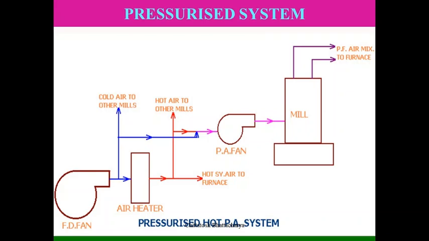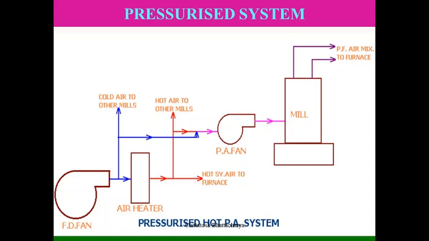Around 70% is used for secondary air purpose, going to the wind box, and around 30% mixes with the bypassed air of the air preheater, and this tempered air enters in hot condition to the PA fan inlet, and that is supplied in the mill.